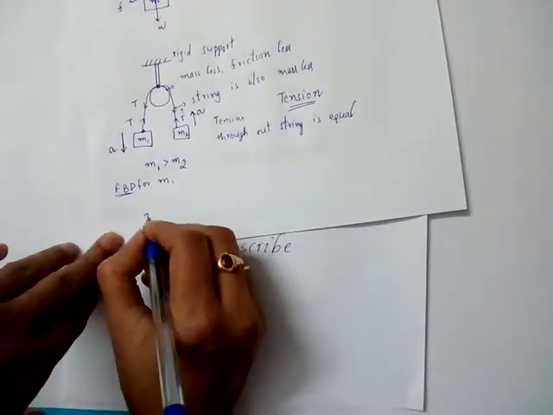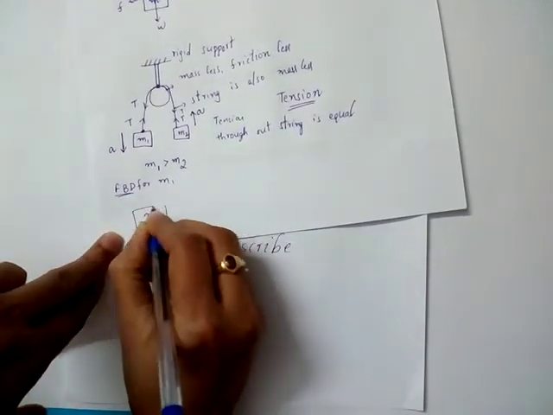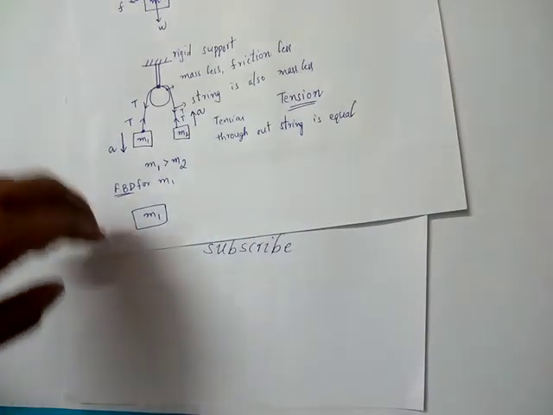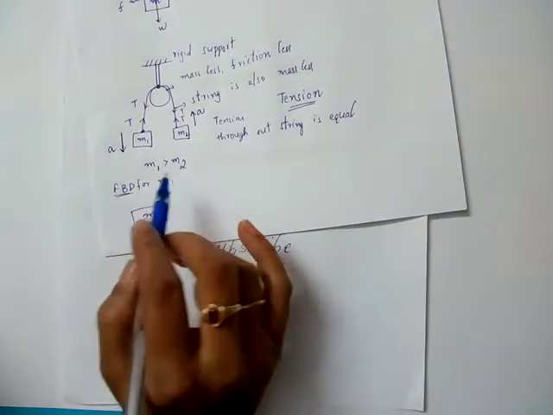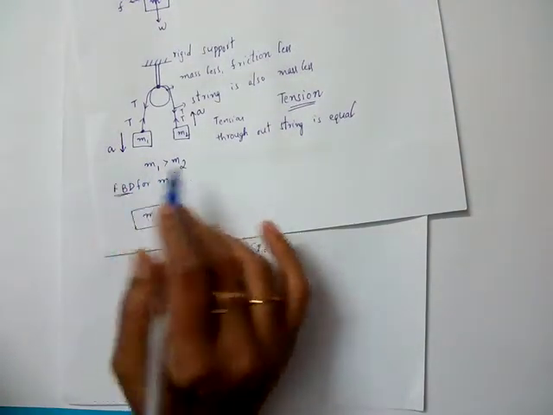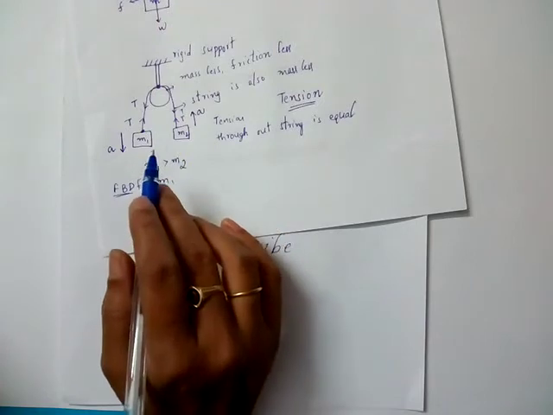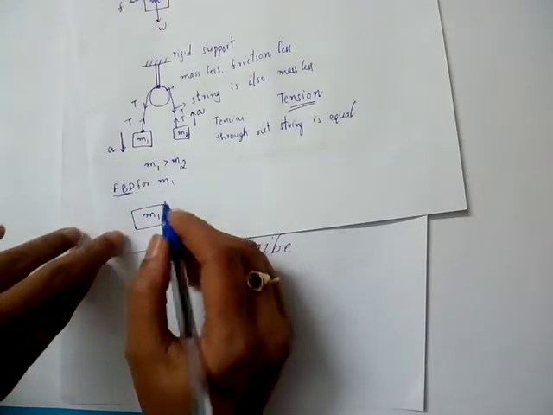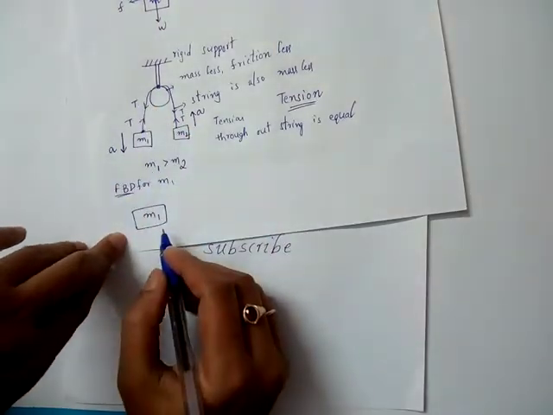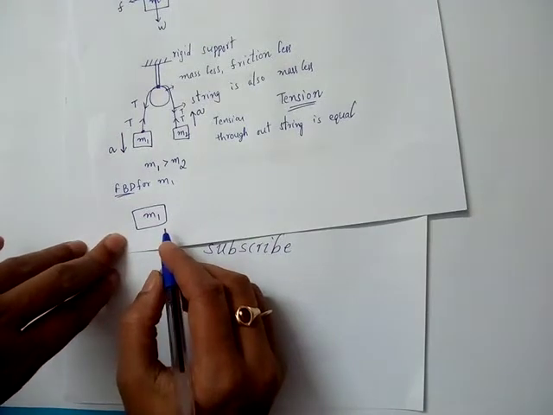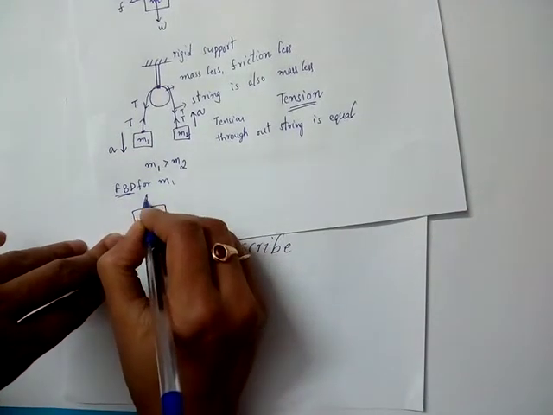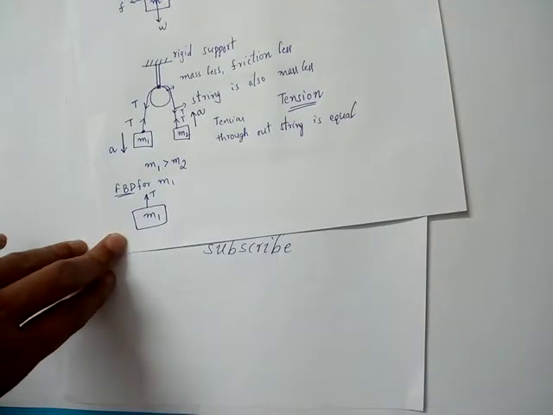Now see here, M1 is the block. Now what are the forces acting? There is no contact surface, so there is no frictional force. Here only the string is there. The string will exert a tension force, and in which direction do you have the tension force? Upwards. Yes or no? Upwards.